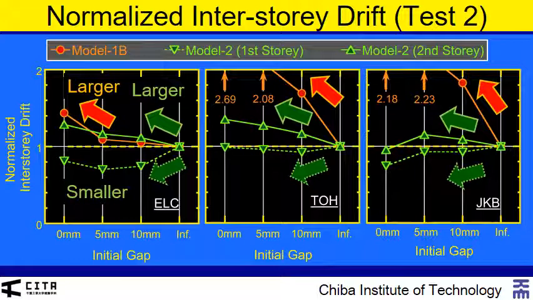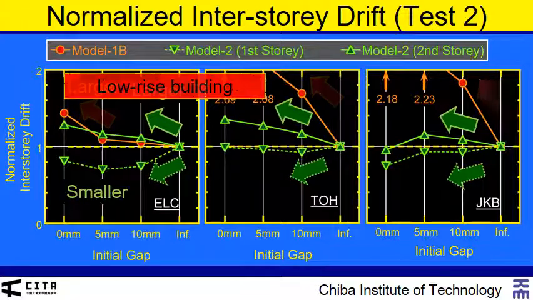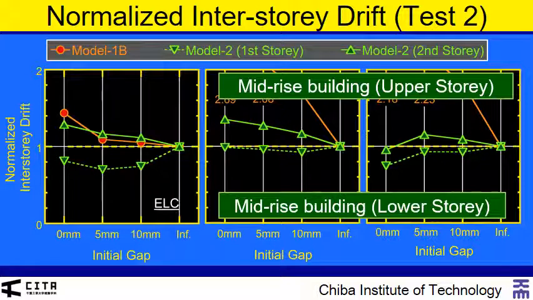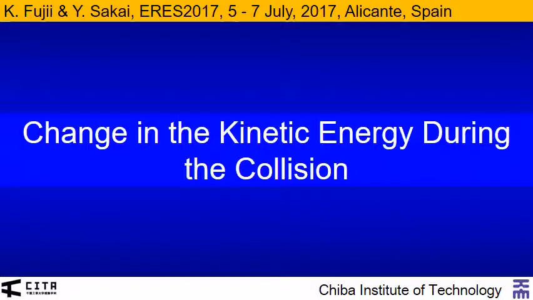This observation indicates that in case of the pounding of a low-rise building to a mid-rise building, the story drift of the low-rise building increases. In the mid-rise building, the peak story drift of the upper story increases, while that of the lower story decreases. The discussion that follows focuses on the change in the kinetic energy of each structure during the collision.